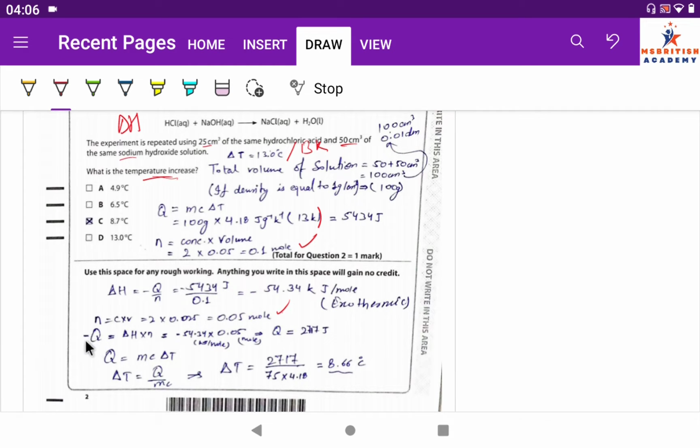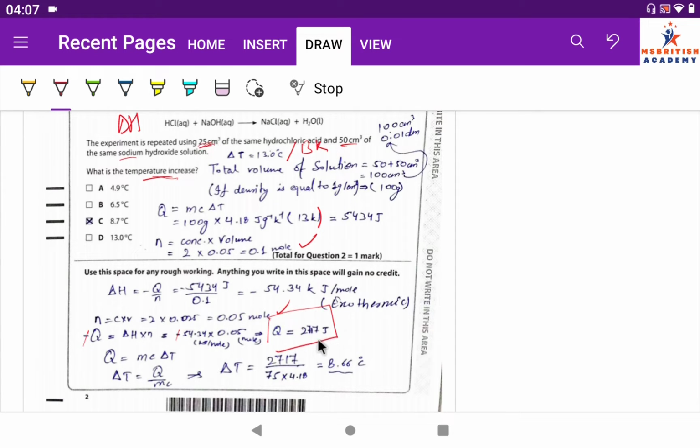When we rearrange this formula, minus Q is equal to delta H times n, and delta H is minus 54.34 times 0.05. After this you can cancel this minus and this minus, and you will get the new Q for this reaction when we take 25 centimeter cube.